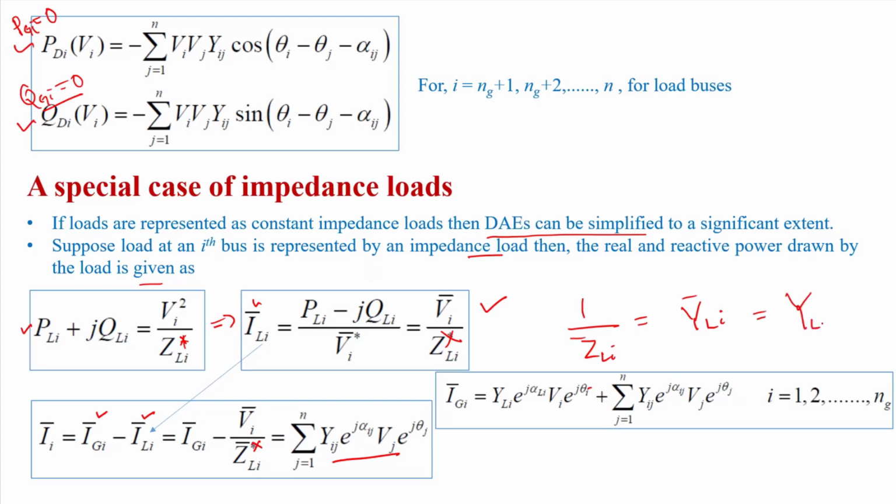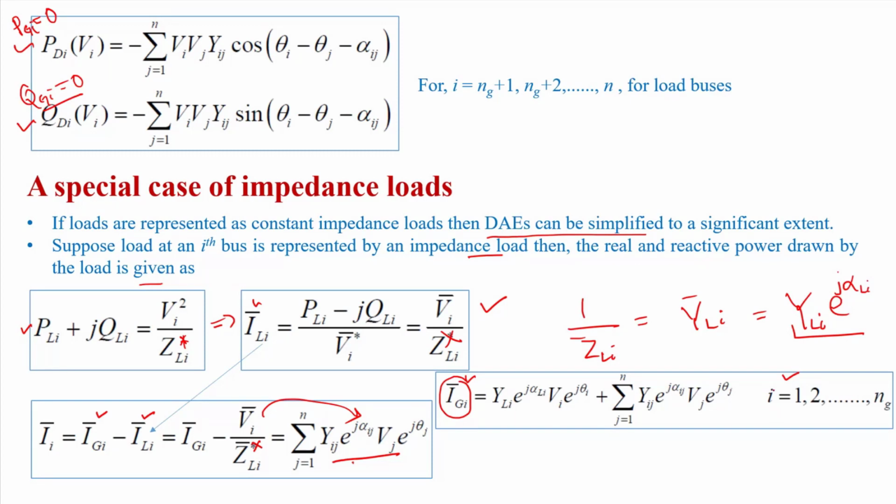It has a magnitude YLI e to the power j alpha Li. So substituting this instead of 1 by ZLi, I can write YLI e to the power j alpha Li Vi into e to the power j theta I, plus other terms. This is taken to this side and added with this term. So now we got the expression of the generator current, and it is valid only for the generator buses, for I equal to 1 to Ng.